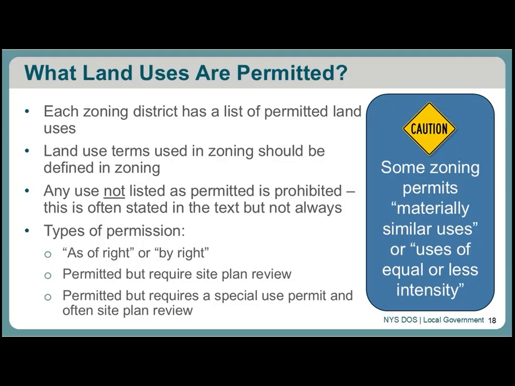The problem with that language can be how to interpret it. It can be really wide-ranging in how it's interpreted, because those are typically fairly loose language, and somebody's going to need to make that interpretation.